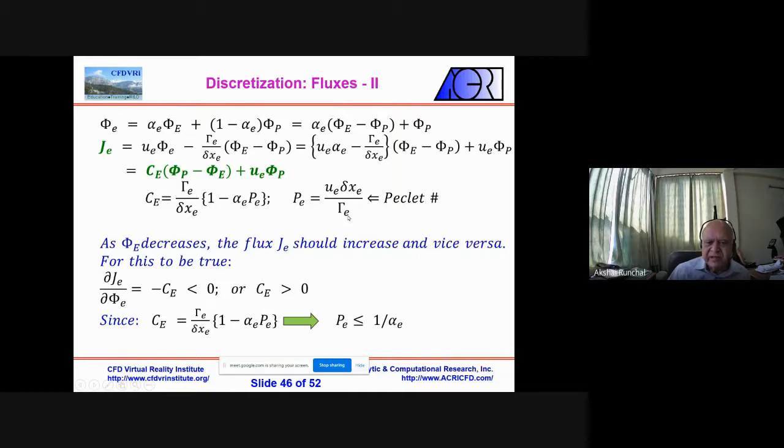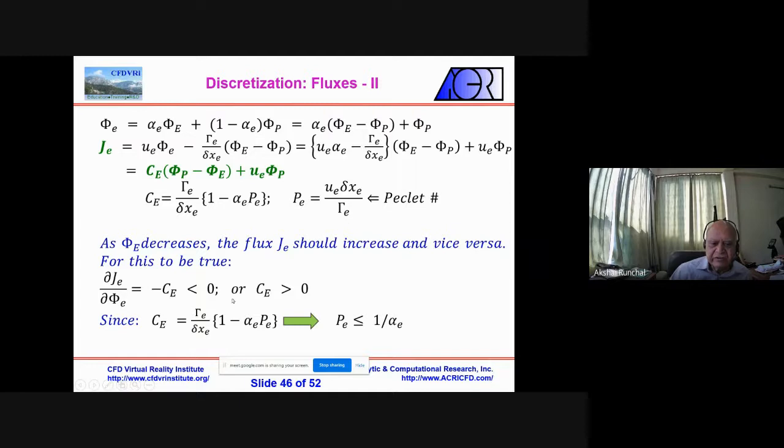It depends on the Peclet number, which is how fine the grid is, what the velocity is, what the diffusion coefficient is. So as phi_E decreases, the flux should increase, right? Because you're going from P to E. So the flux should go in the direction of the decreasing gradient.